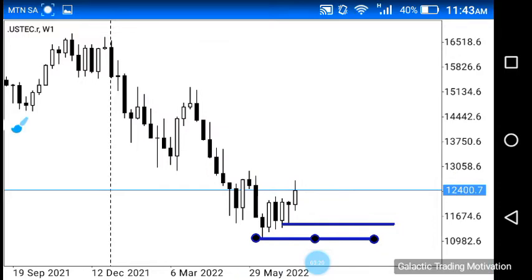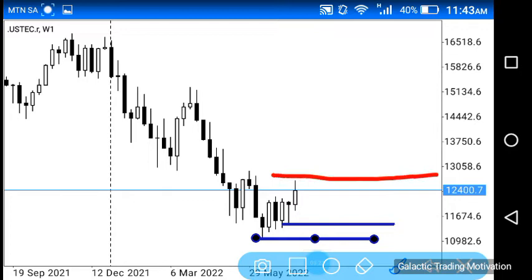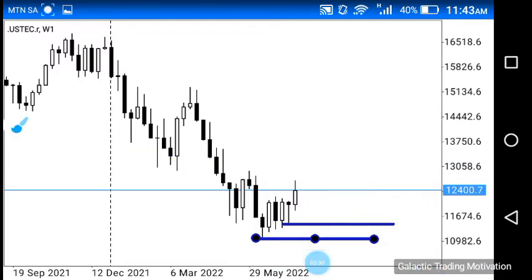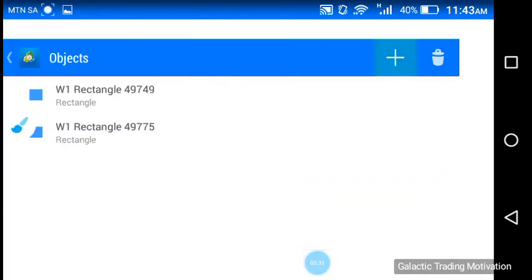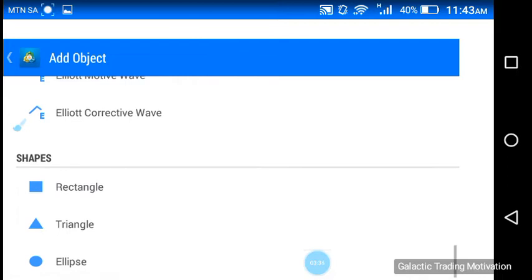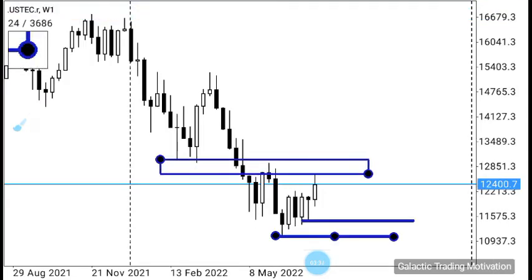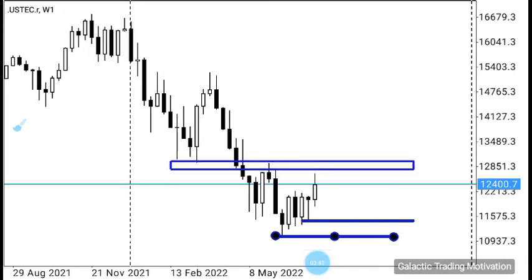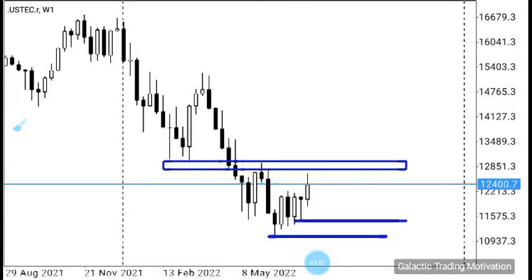However, at this point in time, it is my belief that price from where it is is likely to move down, as opposed to coming to this level to retest it and then moving down, right? Nonetheless, I'm just going to add that resistance area as well, because it is also very important. There we go. All right.